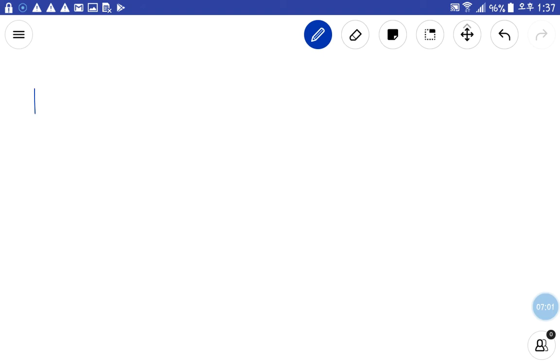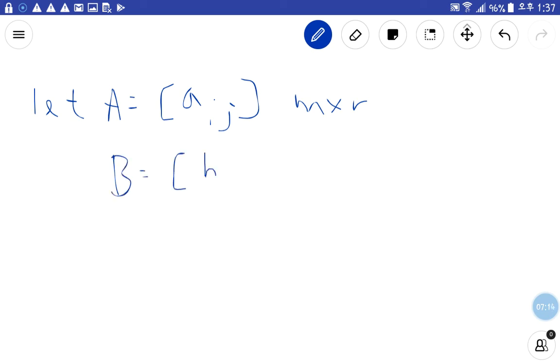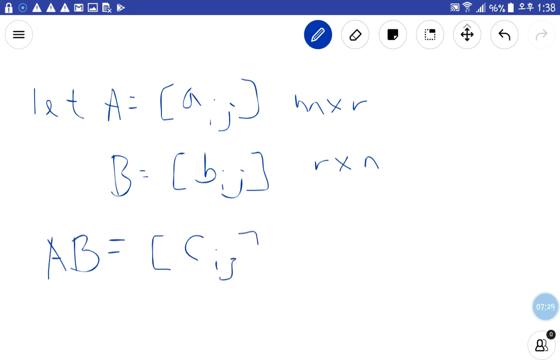Let my A equal Aij, an M by R matrix, and my B, which we call Bij, an R by N matrix. Then the product AB is going to come out as a Cij matrix with M by N.